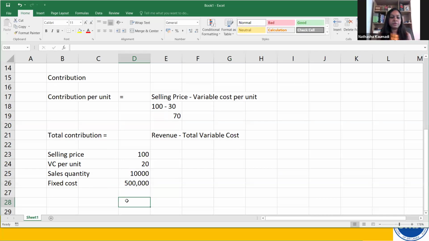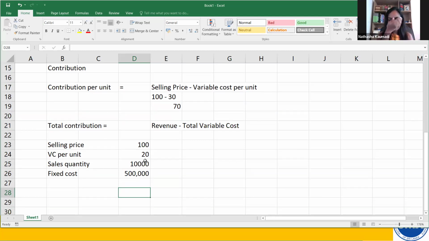Can I know the total contribution? How much is the total contribution?